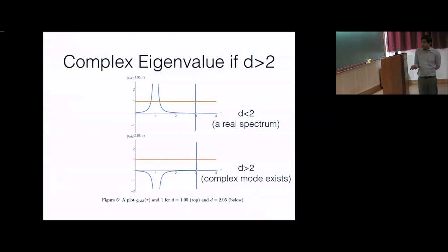Okay, this is a little different from the Bosonic model, because here not only in d less than 2 is it an infrared fixed point, but you also get a real spectrum. Whereas the Bosonic model, even though when you have d less than 4, you get a complex scalar. So it's a qualitative difference. But there's a real eigenvalue for any d less than 2.